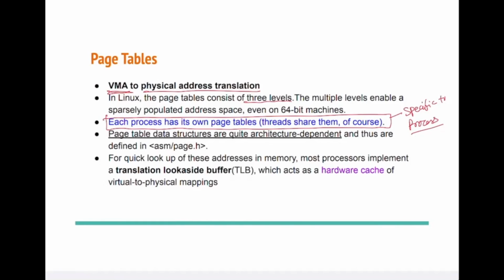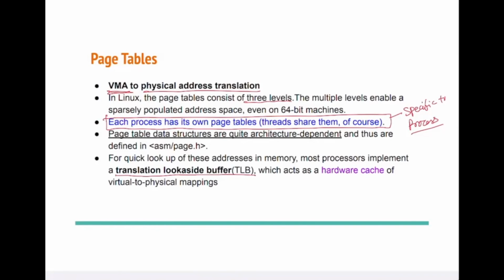If our CPU has to access the physical address from the RAM for a virtual address, it will take quite some time. So we have one hardware cache that we call the translation lookaside buffer. We keep the virtual to physical mappings of recently accessed addresses inside this buffer.